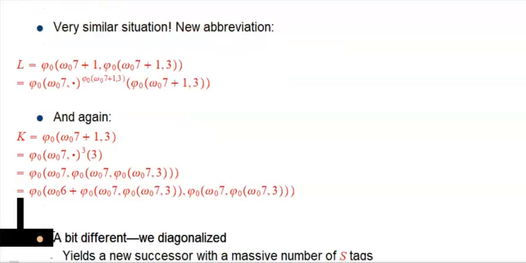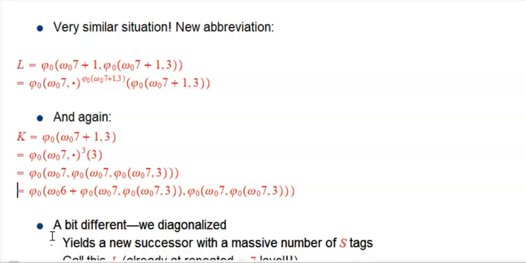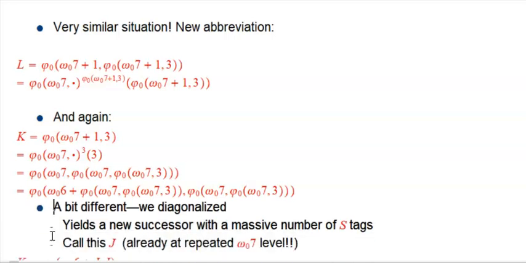So here we've diagonalized; omega naught 7 did a little bit of diagonalization. It yields something that's an immense repeated successor of omega naught 6, which again, really crucial, has an immense hidden power that we haven't unpacked yet at all explicitly.